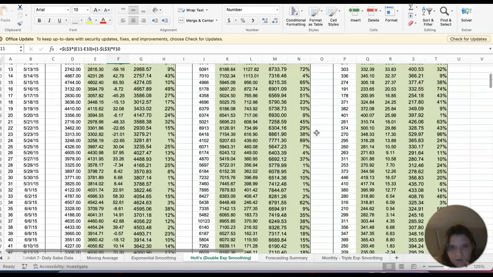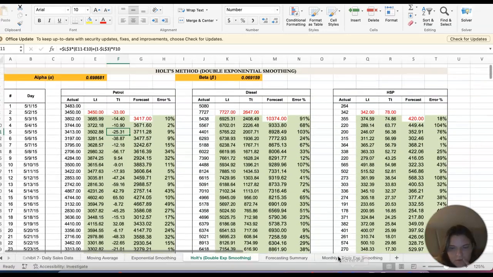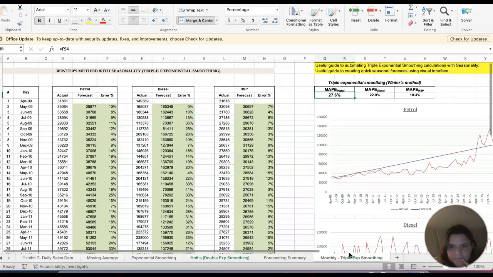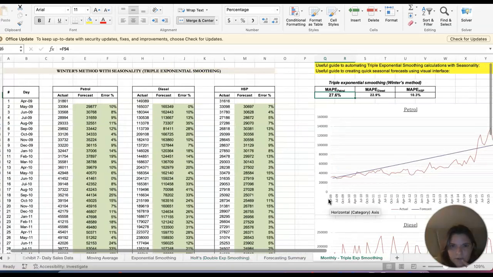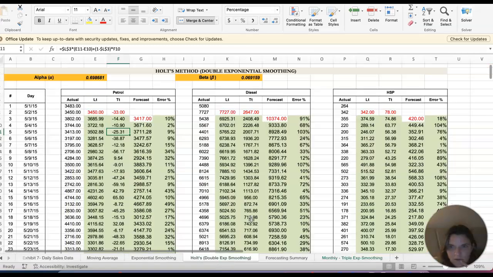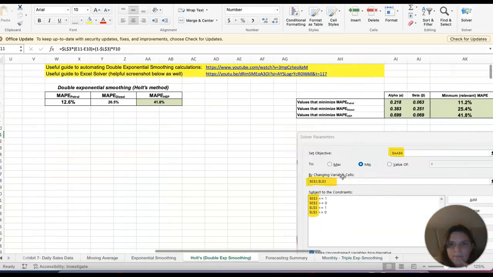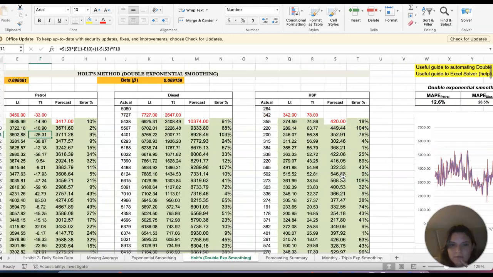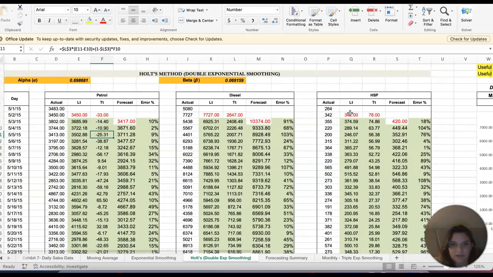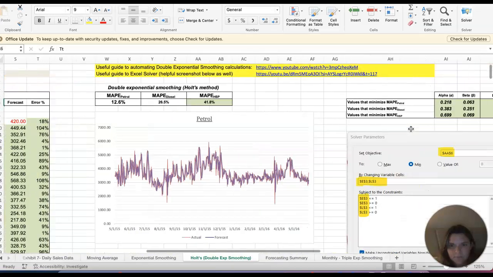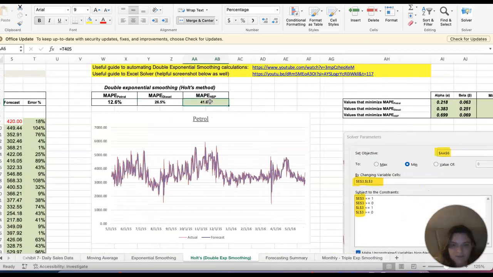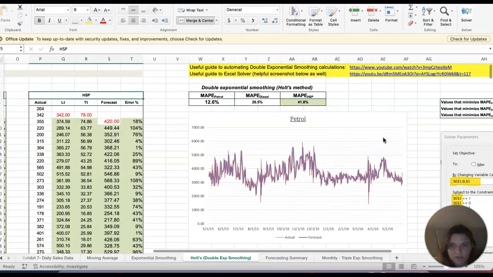And then for the third one, this is the one where we use the RapidMiner, I believe, which gave you basically the best optimal solution for this one. So I would say this one's the most accurate when it comes to HSP.